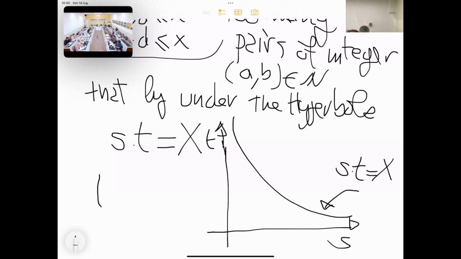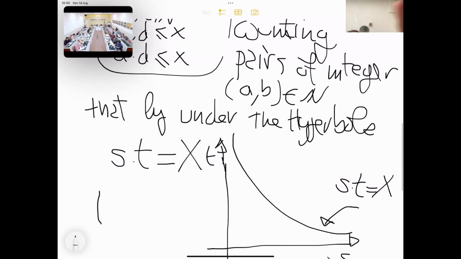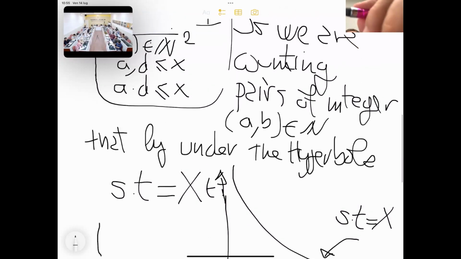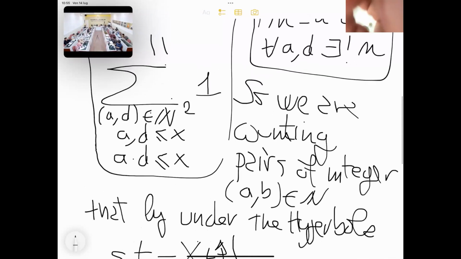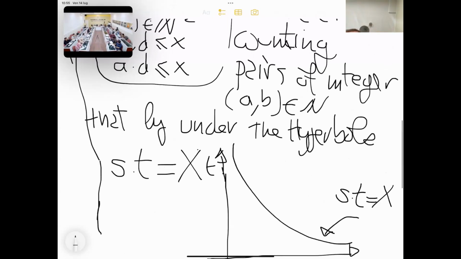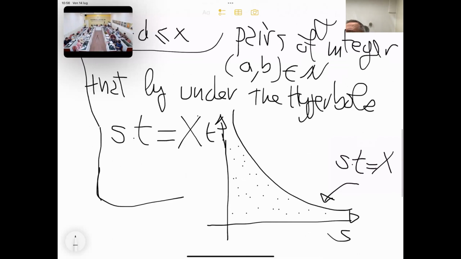And what this formula is counting is all the points with integer coefficients which are below this hyperbola.